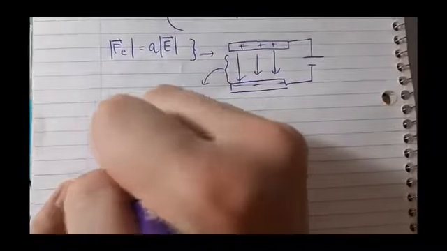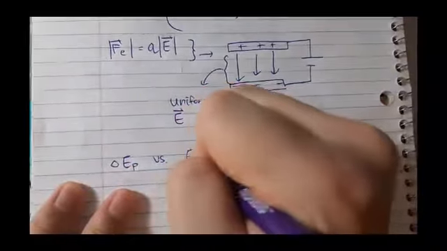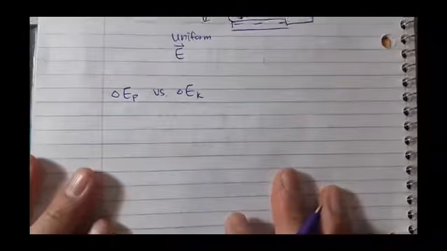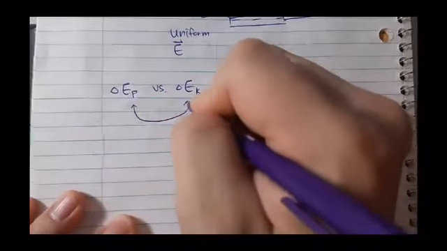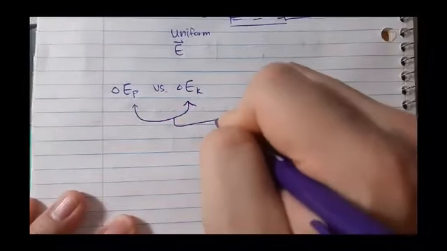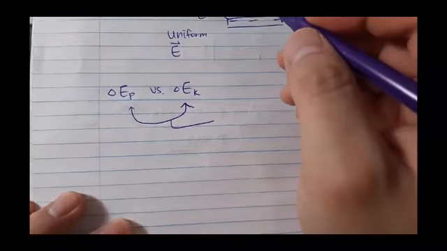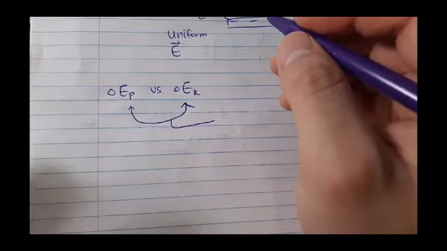So here's my second part that I'm going to point out: potential energy versus kinetic energy. Long story short, ladies and gentlemen, potential energy and kinetic energy are not created from zero, nor do they suddenly turn into nothing.